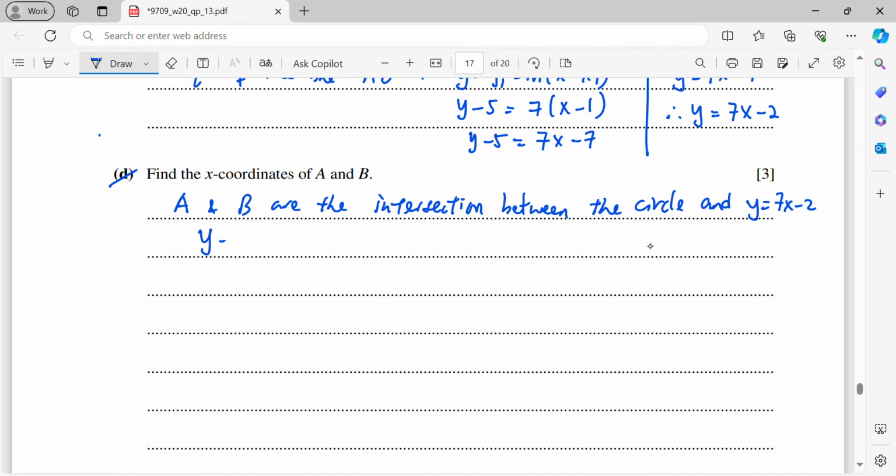So y equals 7x minus 2 is the first equation, and then the circle equation, x minus 8 squared plus y minus 4 squared equals 100, is my second equation.